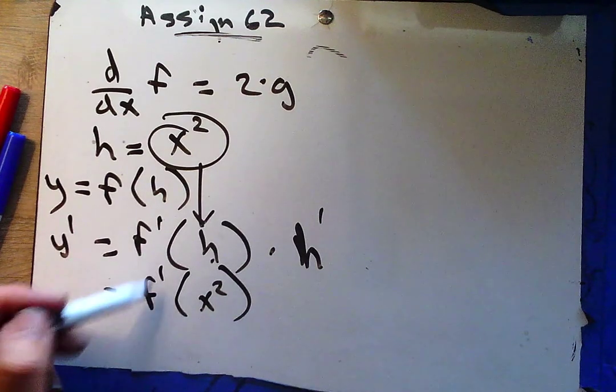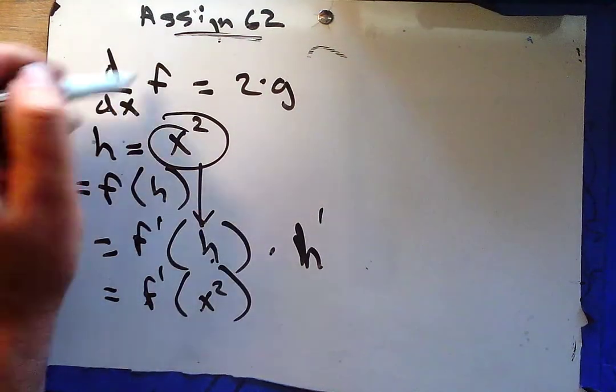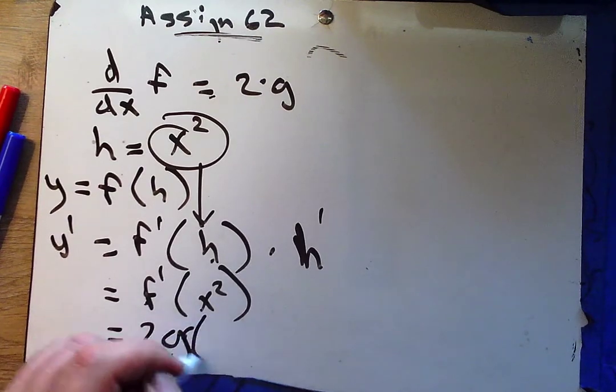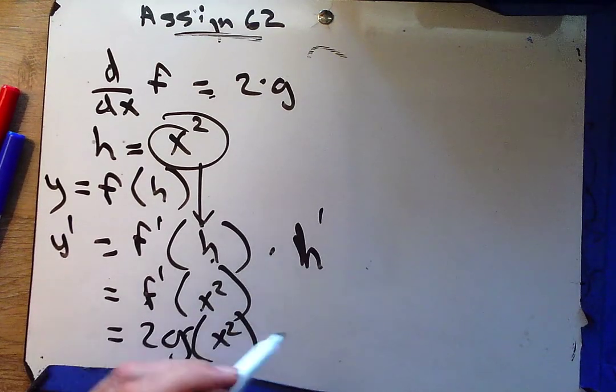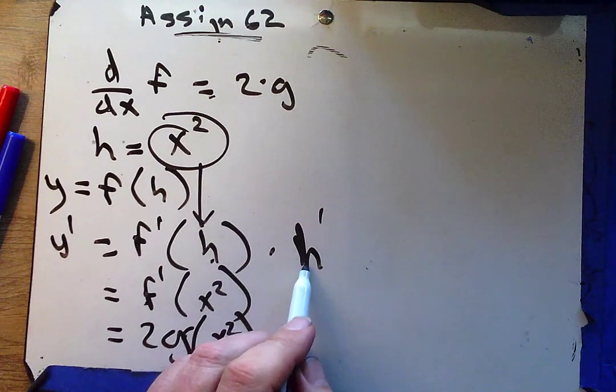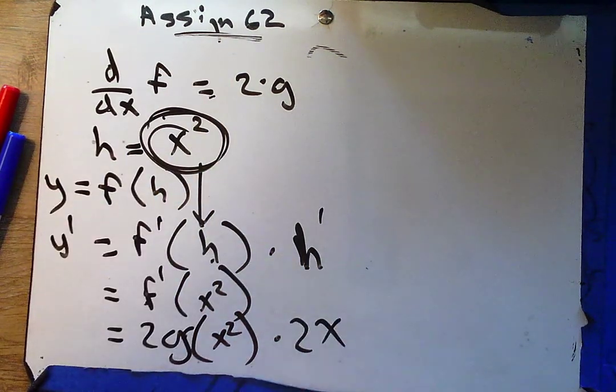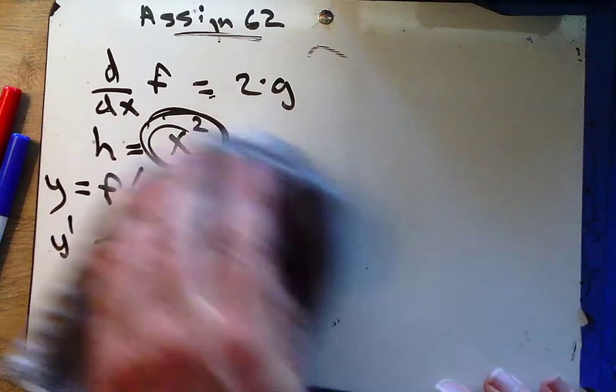Well, remember what f prime was. The derivative of f is 2g. So that's 2g of h. Times, we need the derivative of h. Well, there's h. The derivative of h is 2x. All right. Yeah, we can't be thrown off by notation.